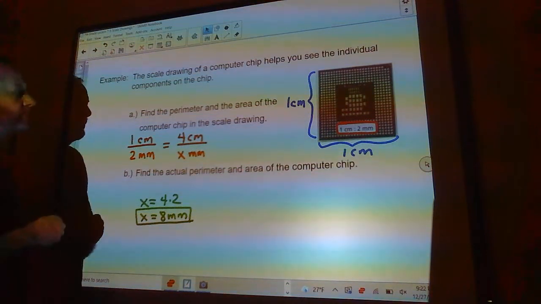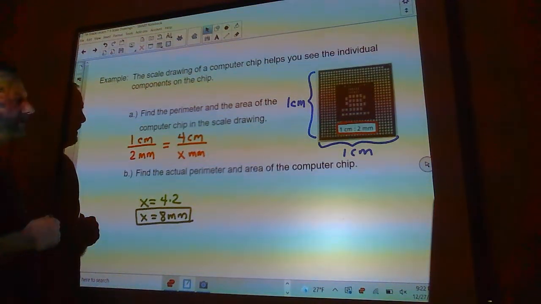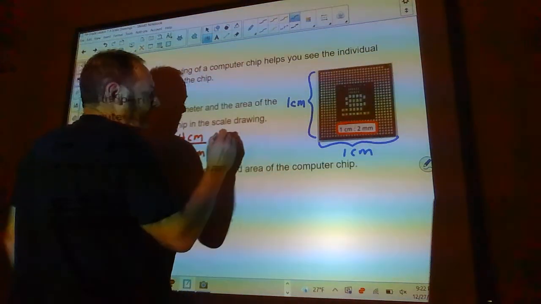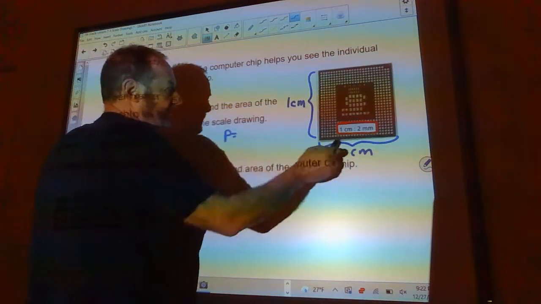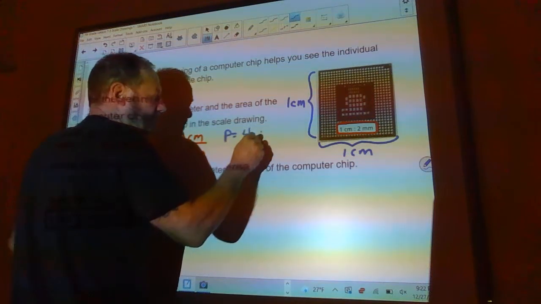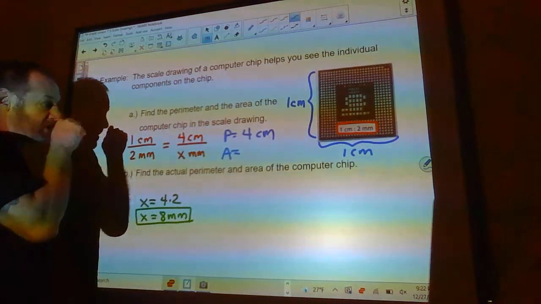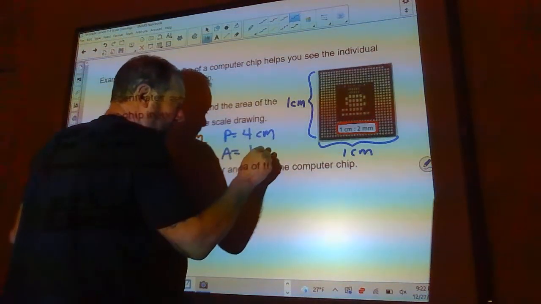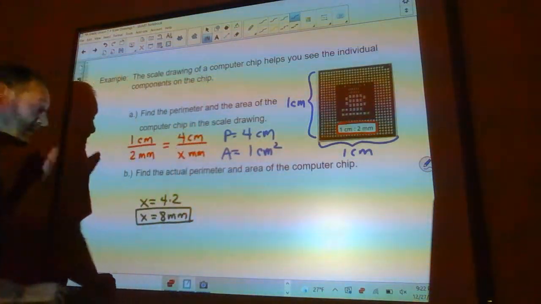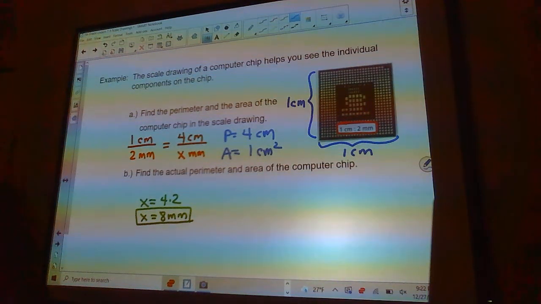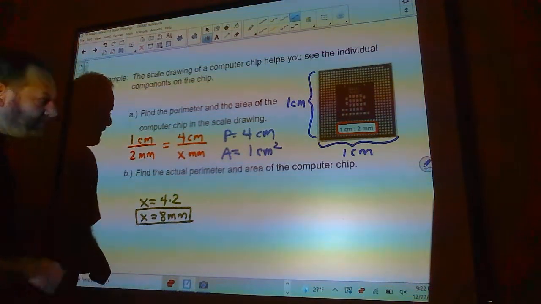So the perimeter of the computer chip in this scale model is going to be 4 centimeters. And the area is going to be 1 times 1, or 1 square centimeter. Remember that area is always measured in square units. So we've got the actual perimeter is 8 millimeters.